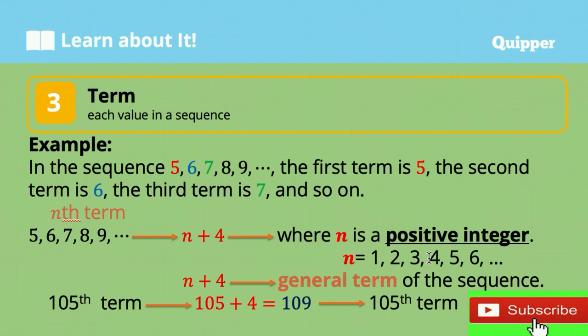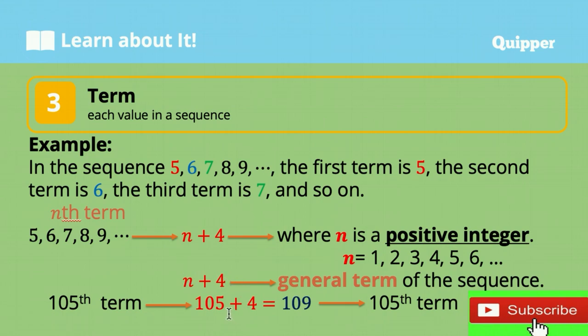Now suppose you want to know the 105th term. Of course, you will not be using the listing method. You will not list all the numbers there for you to find the 105th term. You will be using this general term or this expression in order for you to get the 105th term.